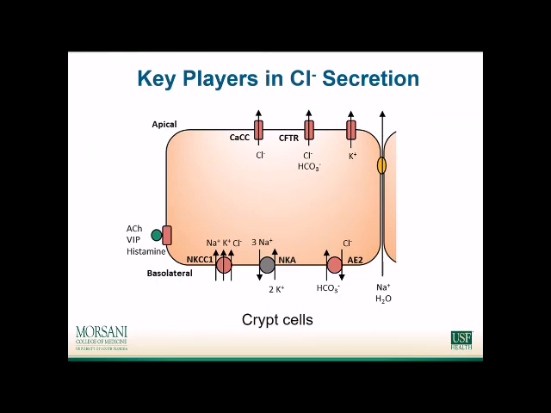Also, in terms of secretion, there's another route to induce secretion besides just regular ion-dependent secretion, and that is more of the neuroendocrine side, where you have things such as acetylcholine or VIP or histamine being able to bind to the basolateral side of those cells and induce chloride secretion through those channels.